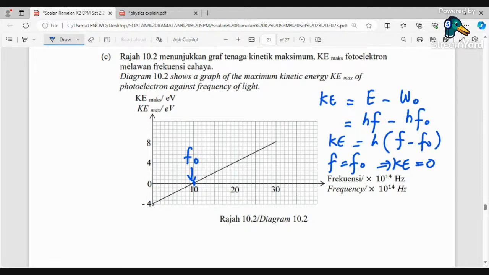Okay, kalau you extend sampai sini, ini ialah intersect at Ke, maksudnya ini adalah Ke. Okay, let's say kita guna triangle ni untuk cari value ni.